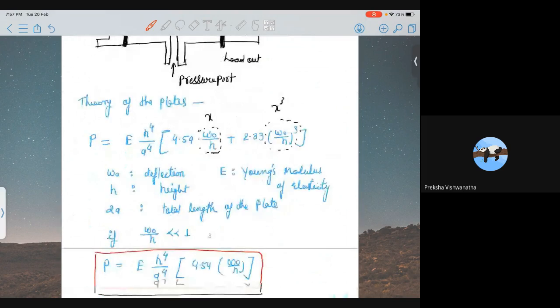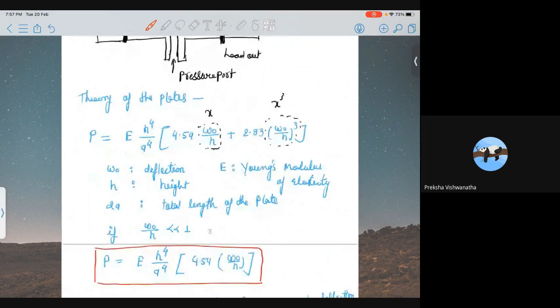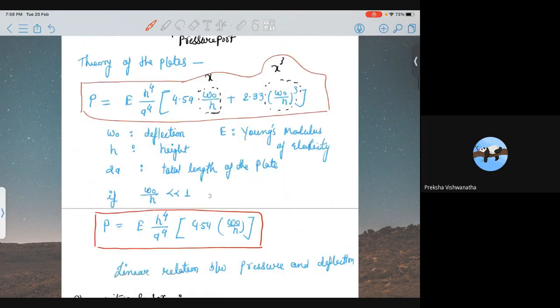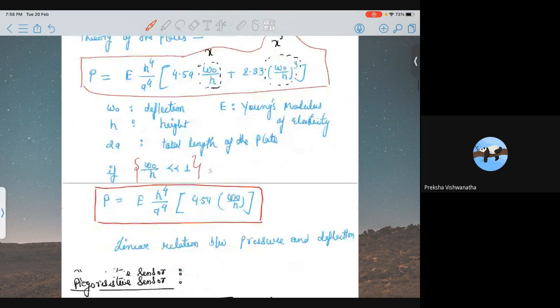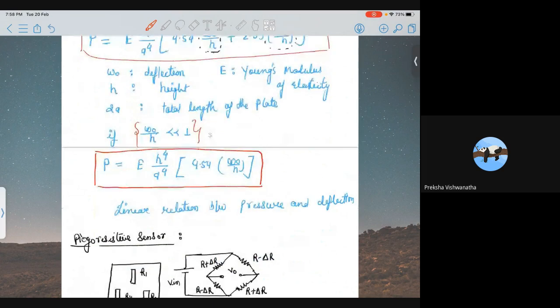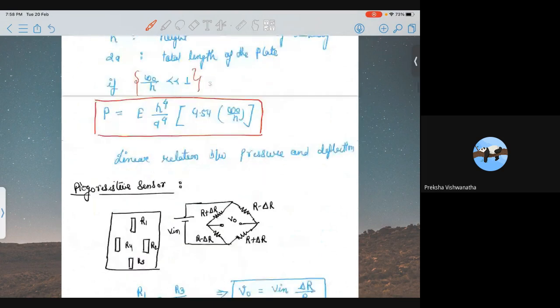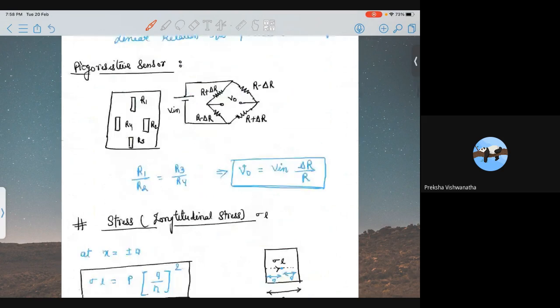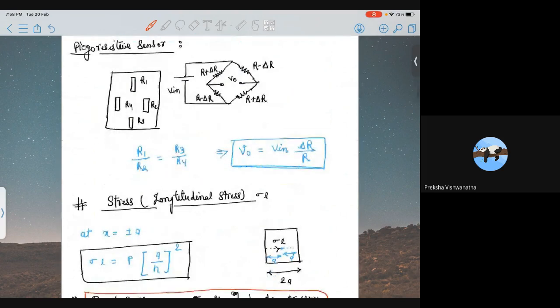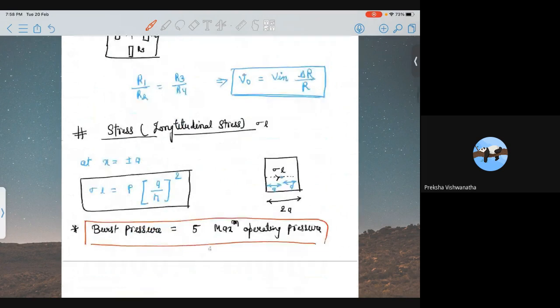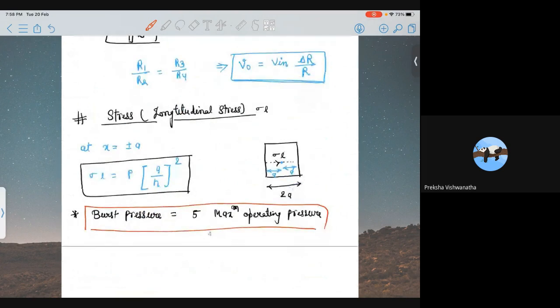Then we have seen that this equation can be written as a linear equation if the value of W naught by H is much less than 1. Then this equation shows a linear relation between pressure and deflection. Then we have seen some piezoresistive sensors, then stress for longitudinal.